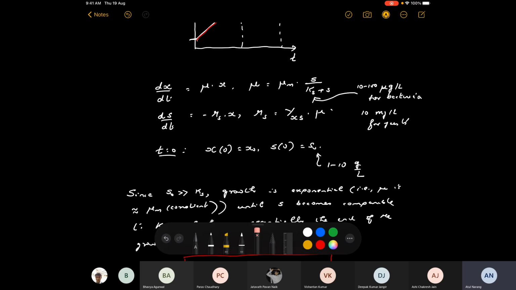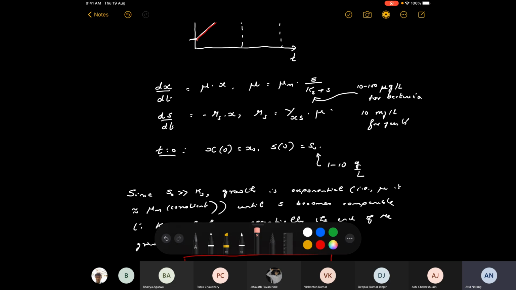It says that dx/dt is equal to mu times x, where mu is equal to mu m times s over ks plus s, and ds/dt is equal to minus rs times x, where rs equals yxs times mu. And you have some initial conditions, x equal to x0 and s equal to s0 at time t equal to 0.